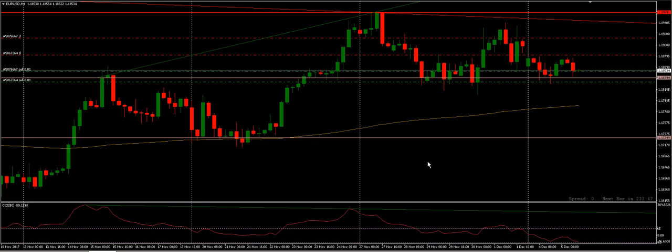So how can we use this? Basically, it's an early warning that the trend is going to go in the opposite direction. Let me repeat it again, it's very important. Early warning for a trend reversal.